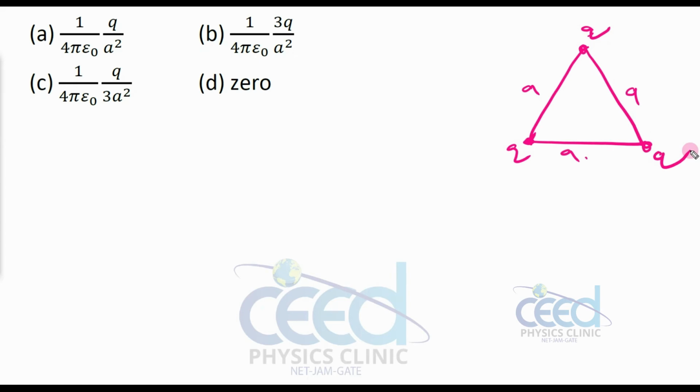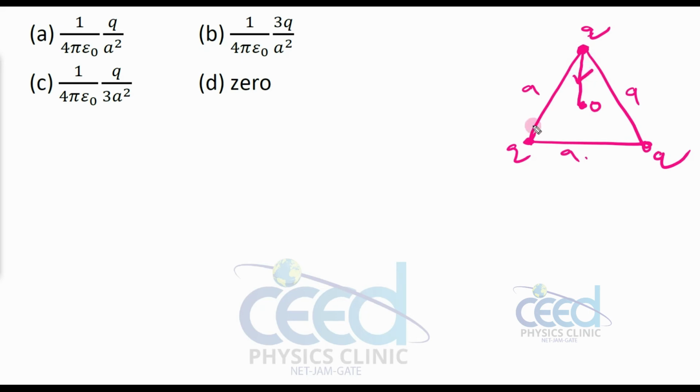Now, due to these charges we have electric field. What is the electric field at the centroid of this triangle? I am considering the centroid of this triangle at O. For a positive charge, the electric field is moving away from the charge. So the field due to this charge is in this direction, towards the center.